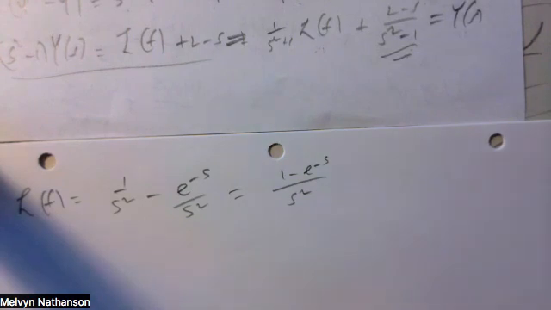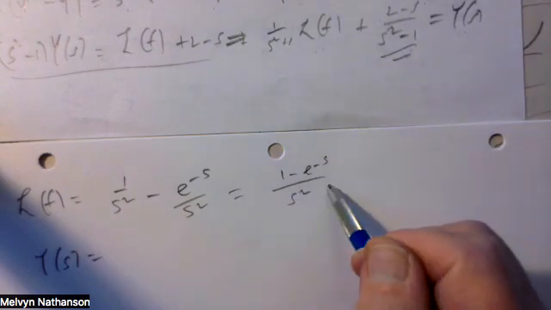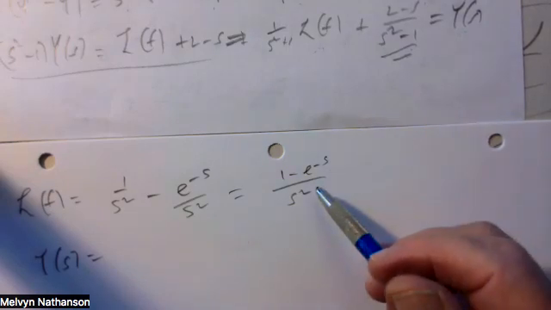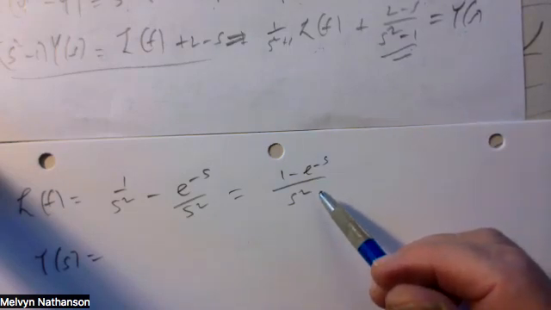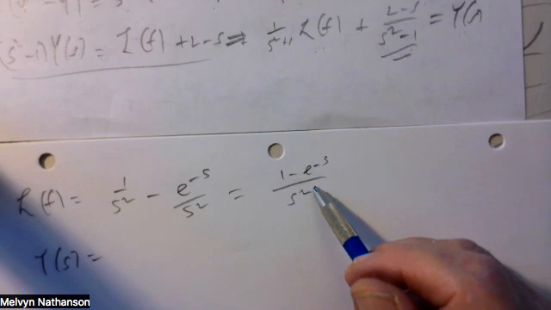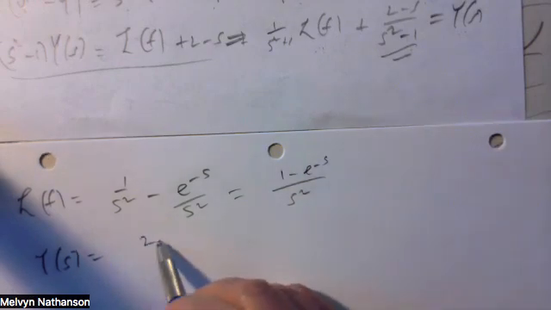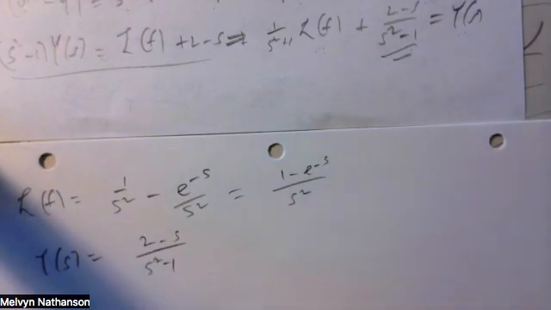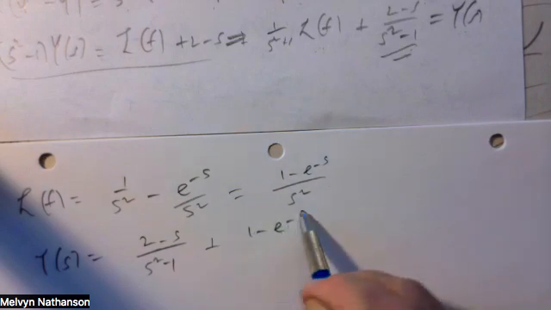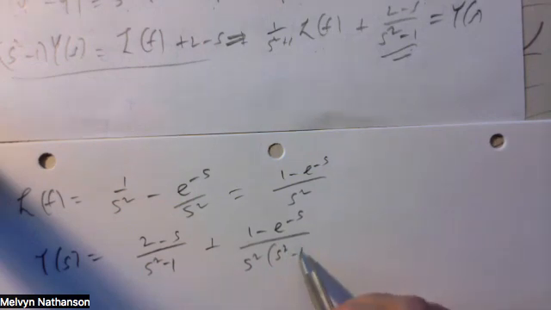And Y of s is equal to 1 over s squared minus 1 times this, which is 2 minus s over s squared minus 1 plus 1 minus e to the minus s over s squared times s squared minus 1.